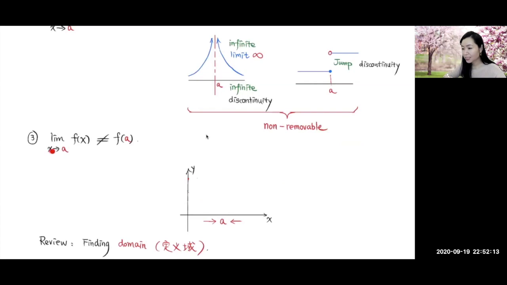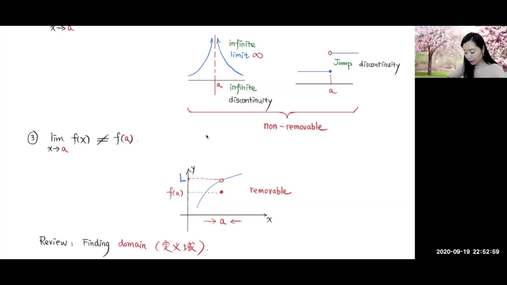In this third case, the limit exists and f of a also exists, but they don't equal each other. Then we have a discontinuity at a. Take a look at this example. This function is defined at a; f of a is defined to be this value over here. The limit as x approaches a from both sides also exists and equals this other number.